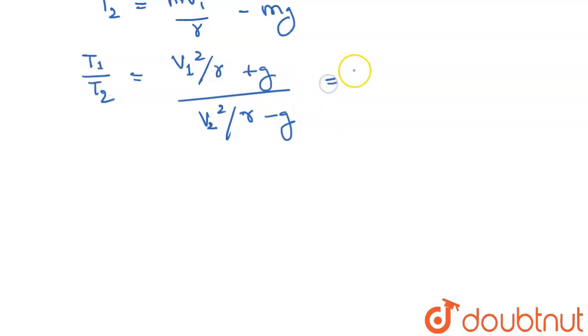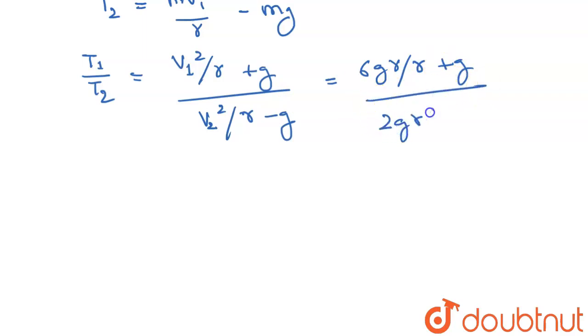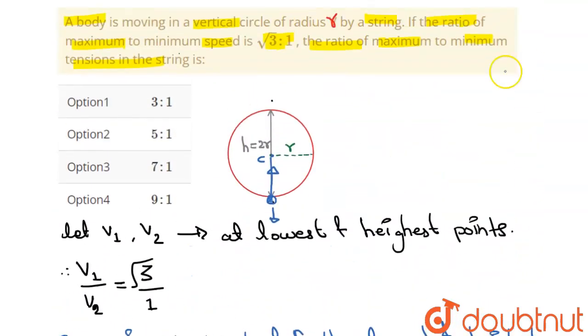This will give us 6gr over r plus g, 2gr over r minus g. After solving this, we will get T1 over T2 equal to 7 over 1. That means our ratio is 7:1. Hence option 3 will be our final answer.